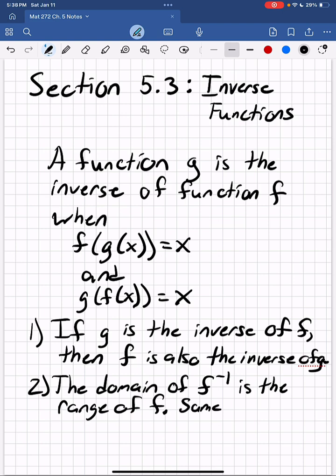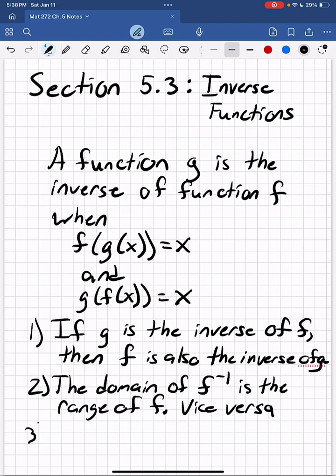Well, listen, I don't want to say the same for g. It would be the vice versa. So if the domain of f inverse is the range of f, then the domain of f is the range of f inverse. Okay.